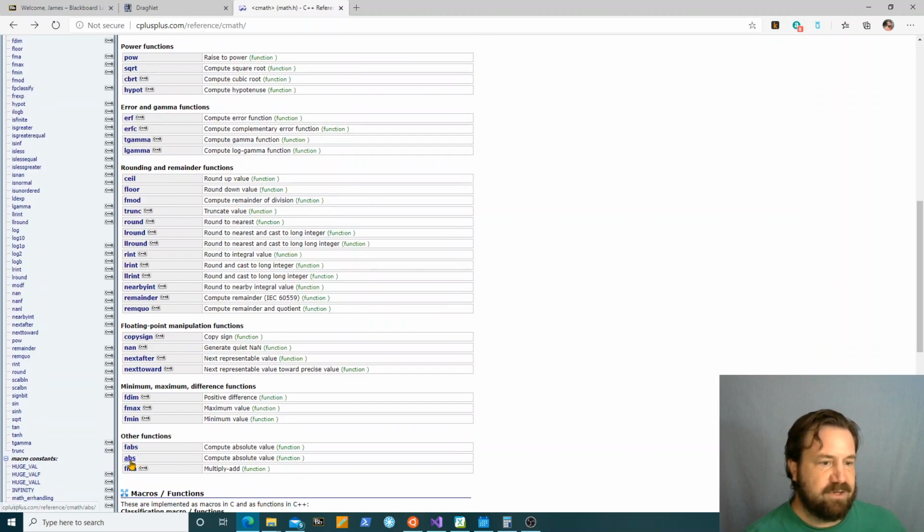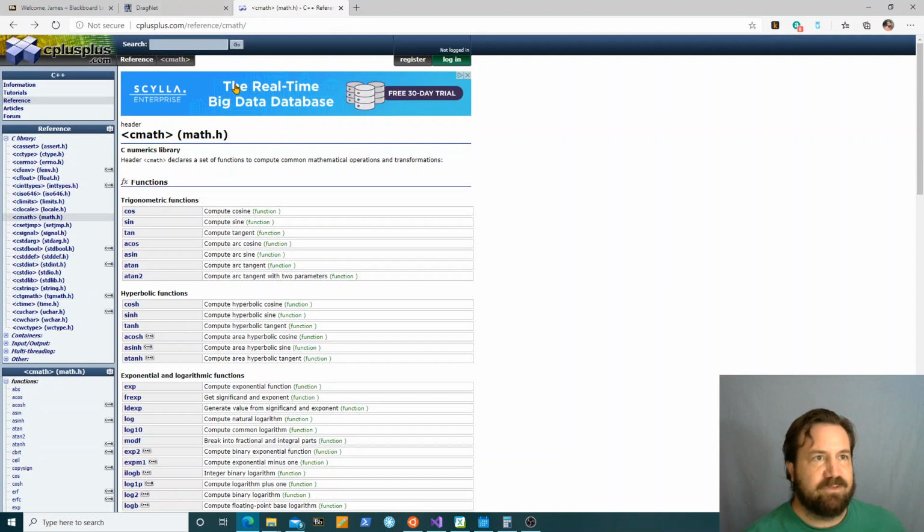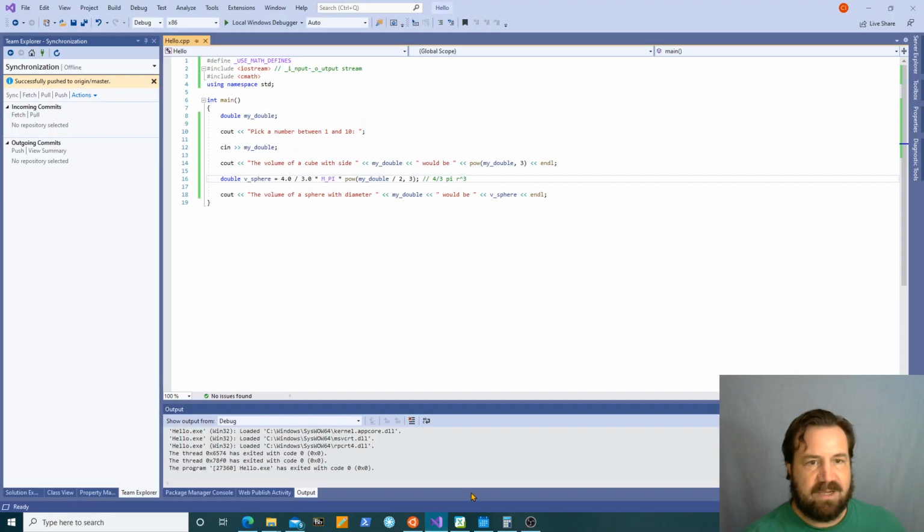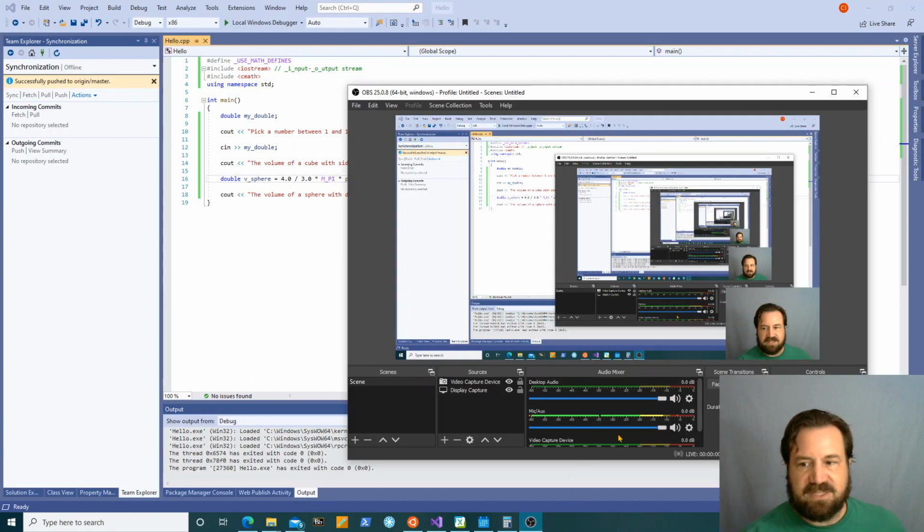And there's an absolute value function, which again, you'd be surprised how many times that comes up. So that's my short form on all the math you need to know in C++. Thank you for watching.